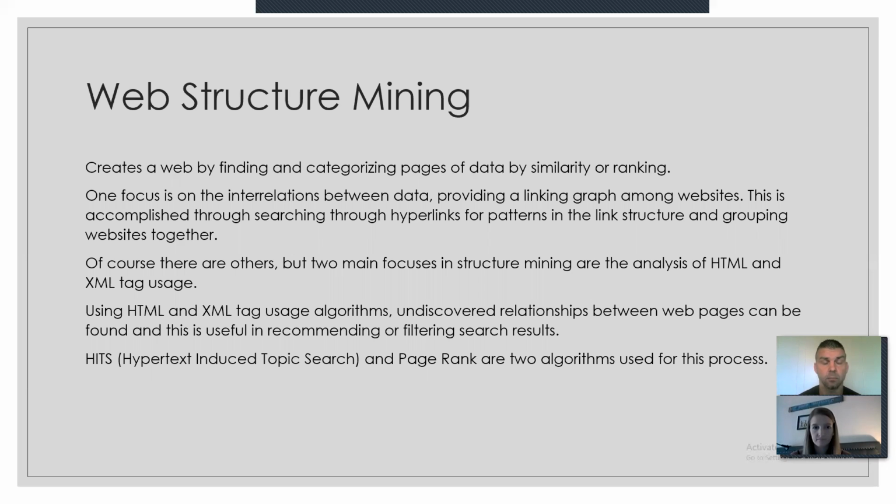One of the algorithms that we looked at is called HITS, or hypertext induced topic search. The second is PageRank, which we will now discuss a little bit more in depth.